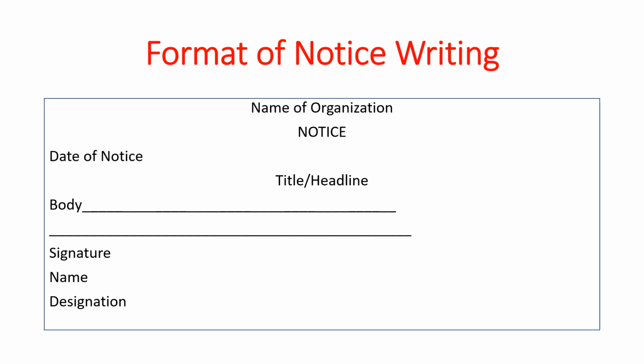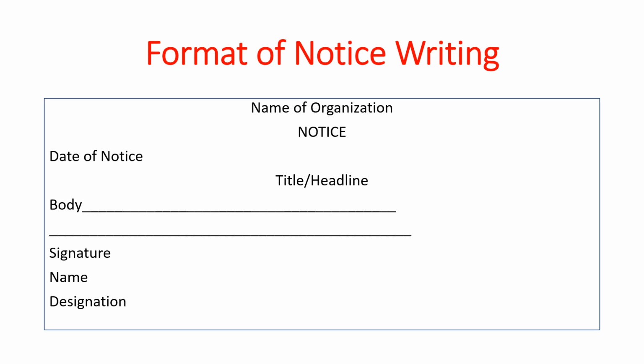It should be in block letters. Then, on the left hand side, write the date on which the notice is issued. In the next line, in the middle, write the heading of the notice. Then below it, the body of the notice comes. And after the body is completed, the signature, name and designation of the issuing authority come. So this is the exact format of writing a notice.